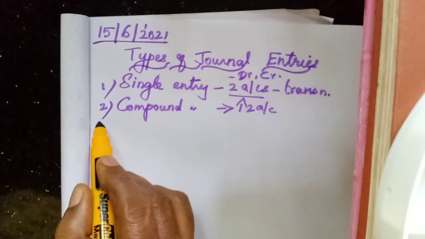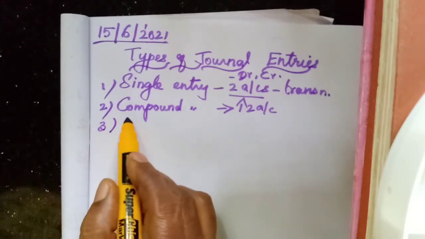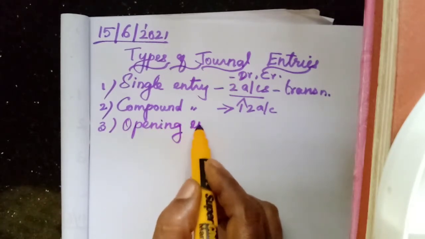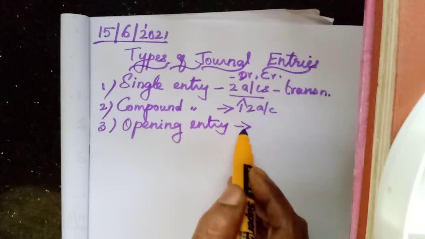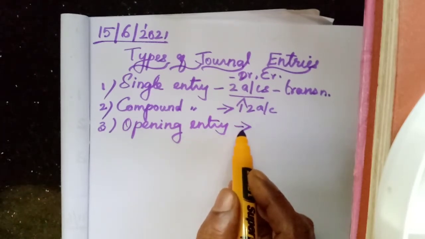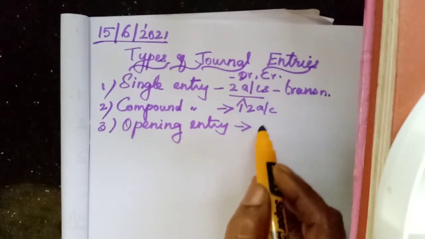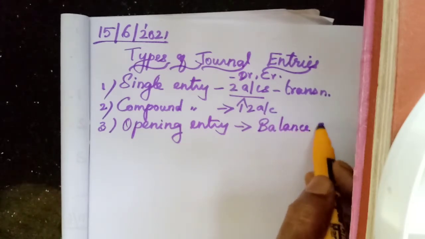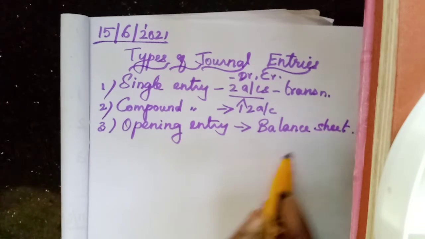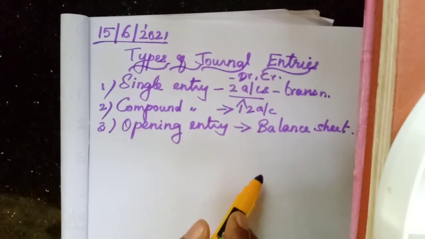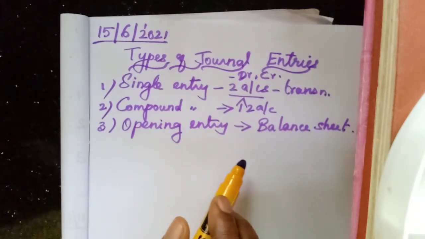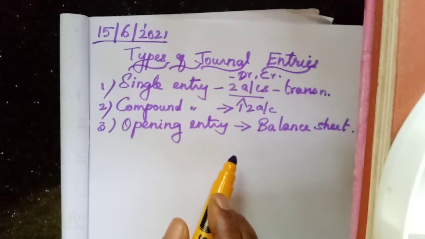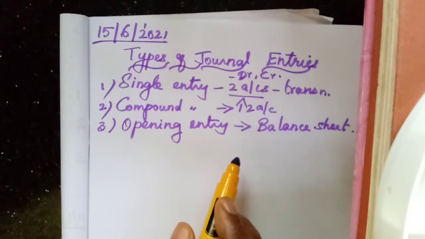Then the third one is opening entry. At the end of the financial year we will prepare the balance sheet. At the end of the financial year, that means 31st March 2019, or maybe the calendar year, 31st December.